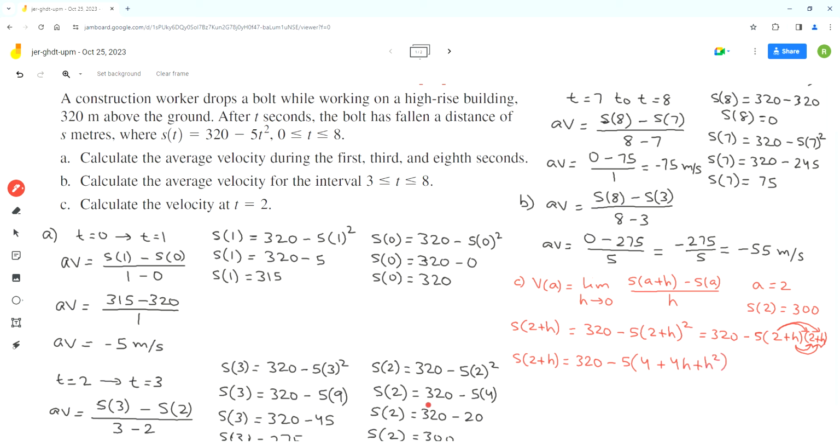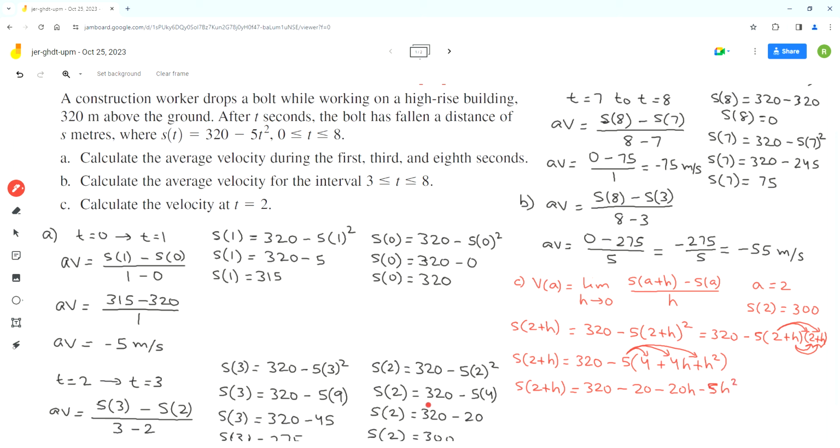Now we can distribute the 5 into the parentheses. So we get s at 2 plus h is equal to 320 minus 20 minus 20h minus 5h squared.